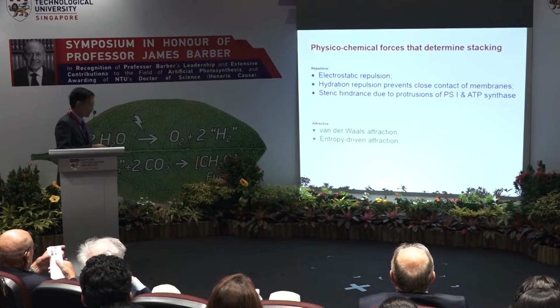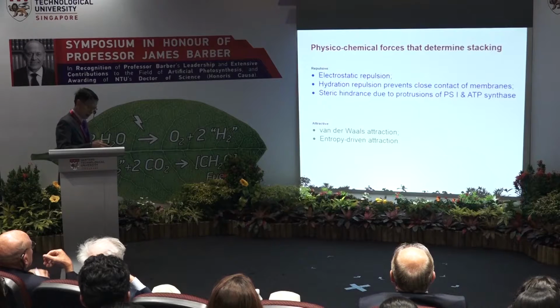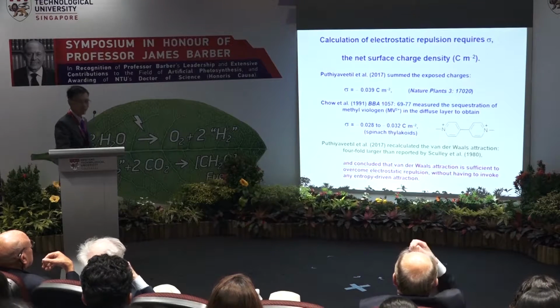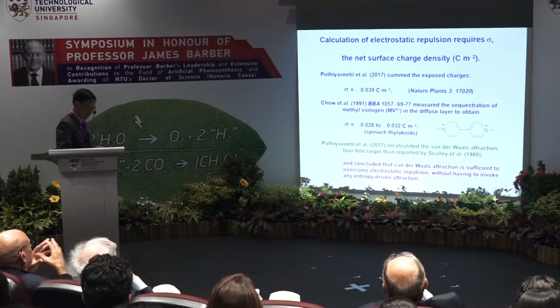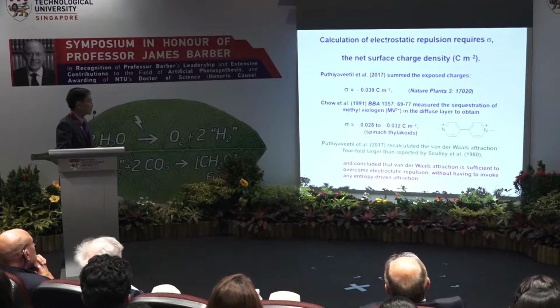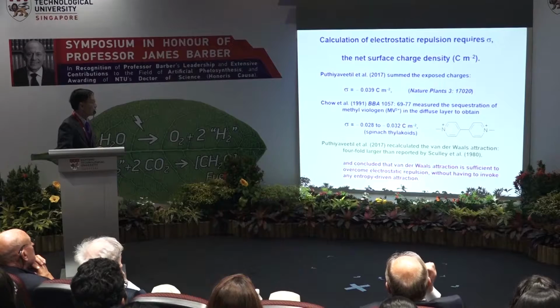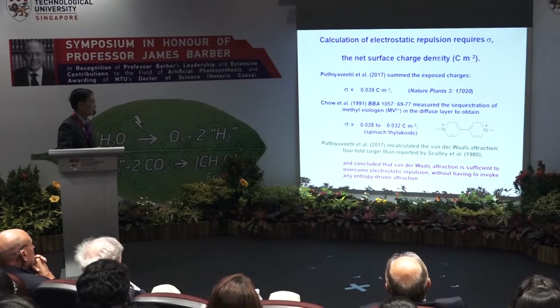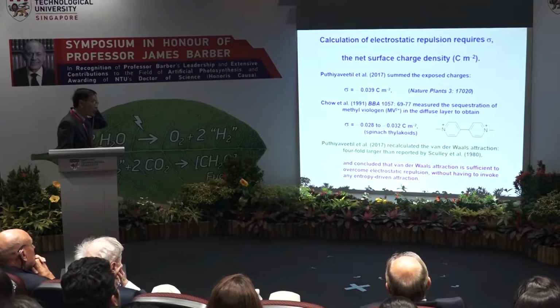But mainly today I will talk about the electrostatic repulsion, and that's what attracted me to Jim's lab to work. And calculation of the electrostatic repulsive force requires a knowledge of the surface charge density, the net surface charge density, coulombs per square meter.